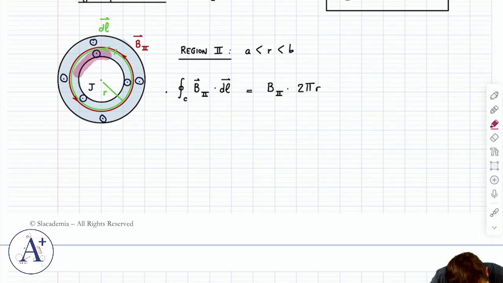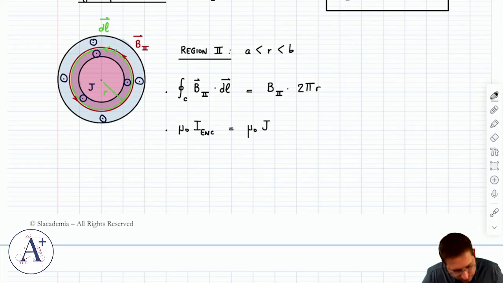So yes, I also have current coming out of the page out here, I just don't care about it. I only care about what's encircled. Now, how much is encircled by my contour? Well, that would be how much flows through the surface bounded by my contour. And so mu naught I encircled is going to be equal to mu naught times J, which is current per area. Just have to be careful with the area.